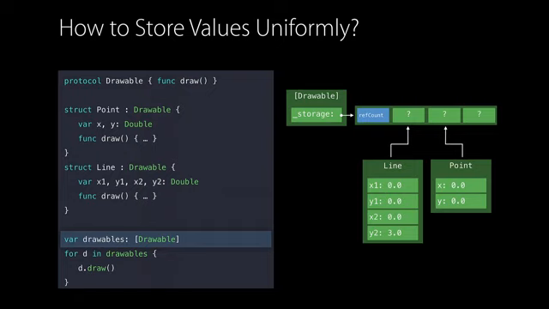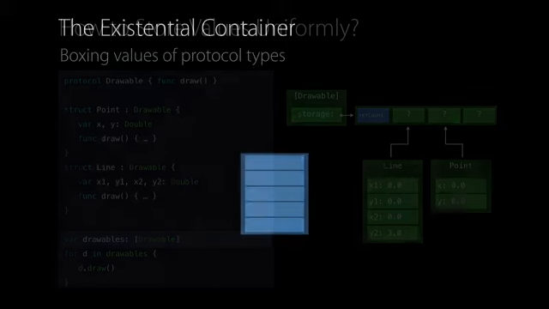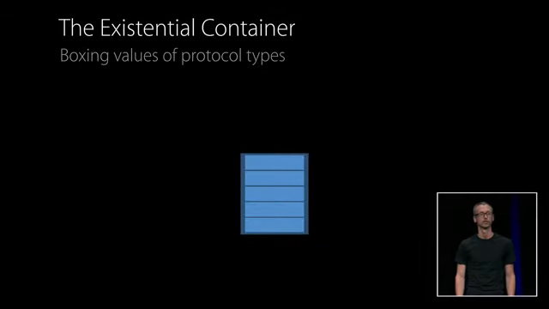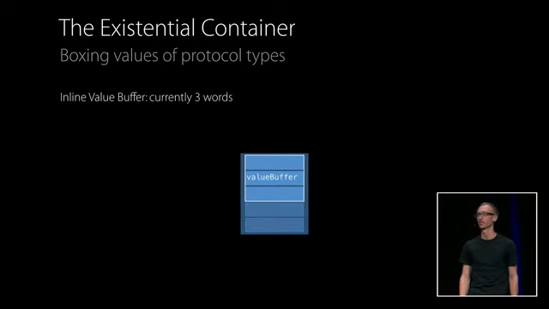But our array wants to store its elements uniformly at fixed offsets in the array. So how does that work? The answer to this question is that Swift uses a special storage layout called the existential container. Now, what's in there? The first 3 words in that existential container are reserved for the value buffer.